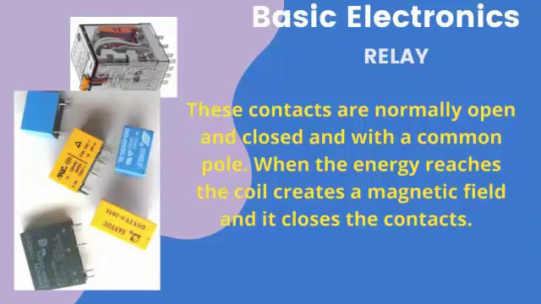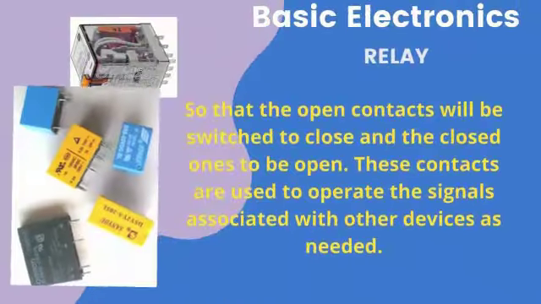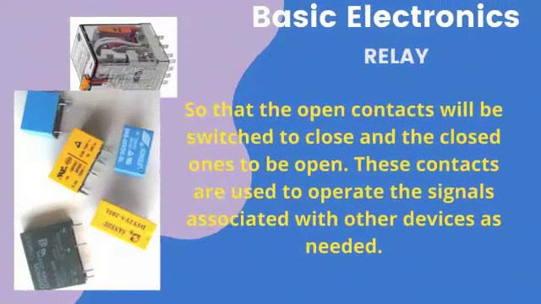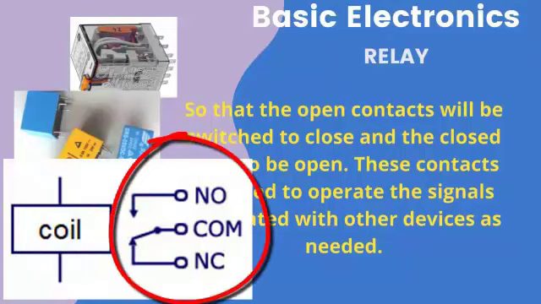When the energy reaches the coil, it creates a magnetic field, and it closes the contacts. So that the open contacts will be switched to close, and the closed ones to be open. These contacts are used to operate the signals associated with other devices as needed.